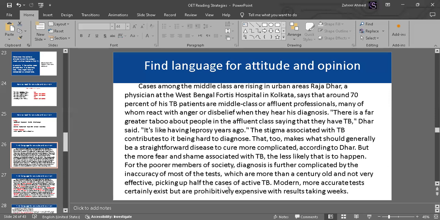Suggest. Okay, and where is the word suggest? Let's do it like this. You're reading, skimming from the front to the last, right? From the beginning. So you have the words anger or disbelief. That is basically an attitude of the people, right?